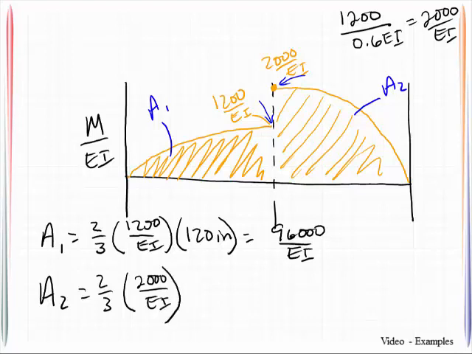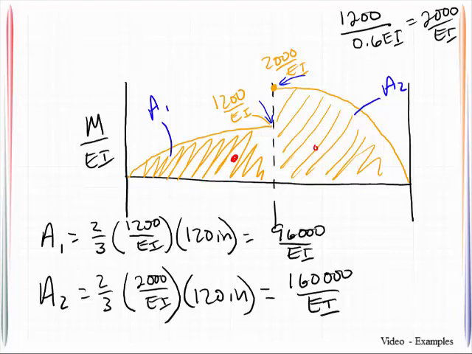this time using the values for segment BC. That will be 160,000 over EI. We do need to have the centroidal locations, and you can look this up in a chart or any number of resources, but for this shape it is 5/8 the distance.